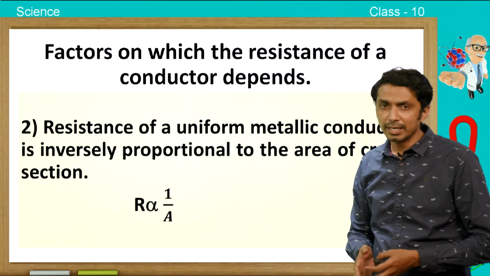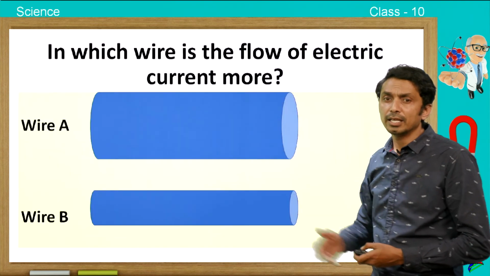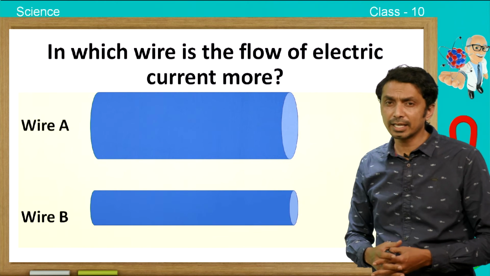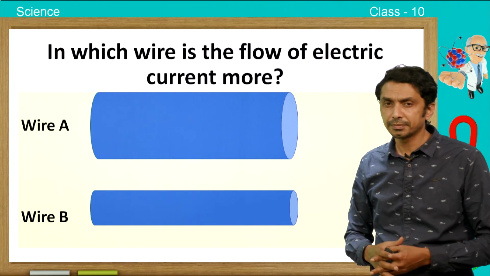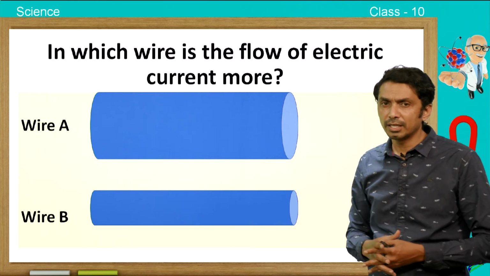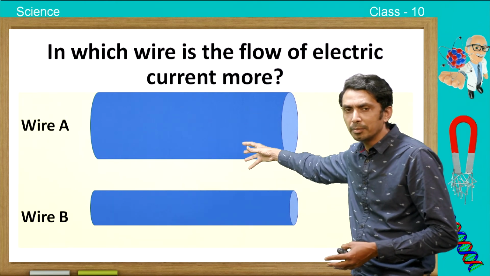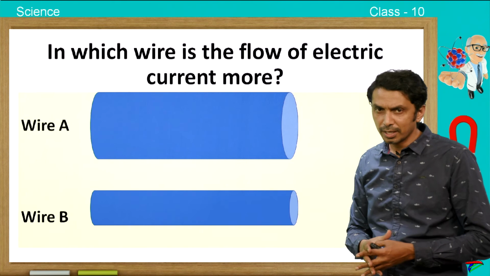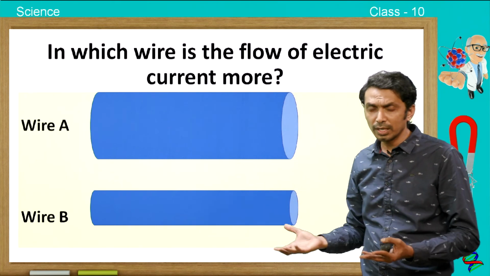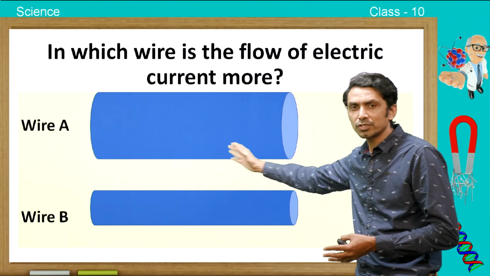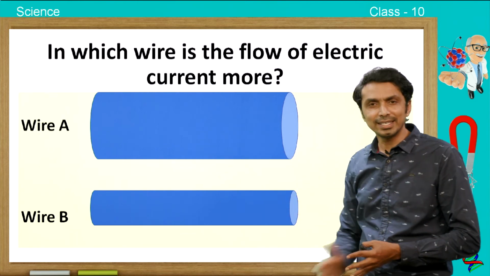So we can say in these two wires, in which wire is the electric current more? Yes, children, you are right. Wire A has a bigger area of cross section. So if the area of cross section is more, the resistance will be less. Therefore, more charges can flow easily.